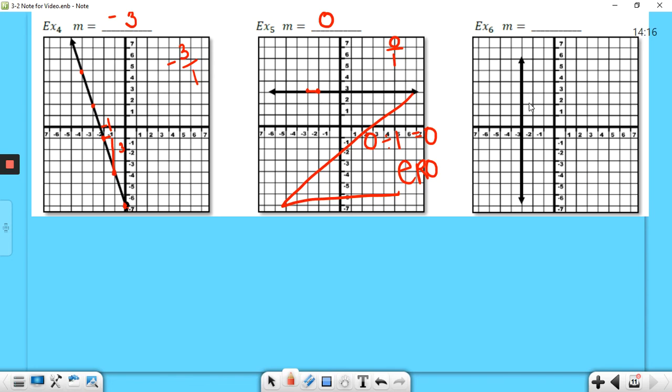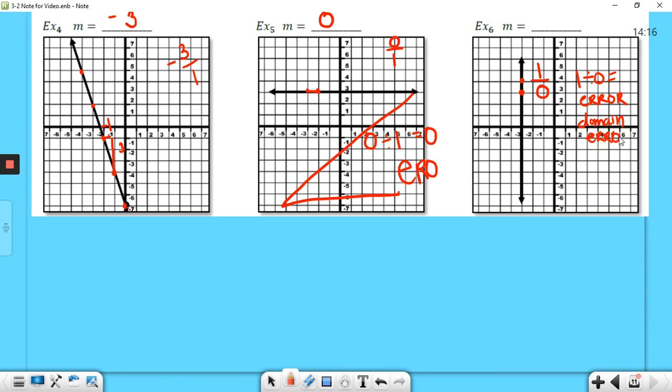Okay, here we have a vertical line. And if I were to calculate the rise over the run, notice it has, in this case, a rise of 1, but it has no run. So the run is 0. Well, if you go ahead and type in 1 divided by 0 in your calculator, you will get an error. Or sometimes they'll say domain error.